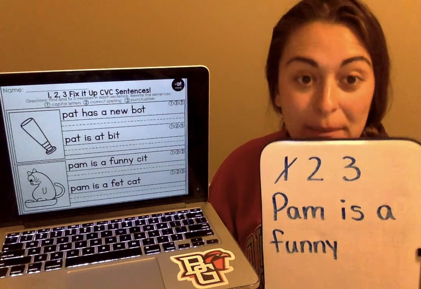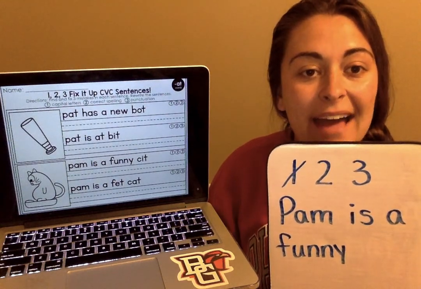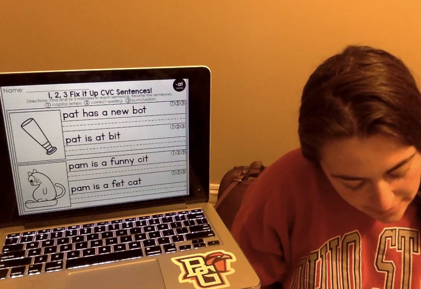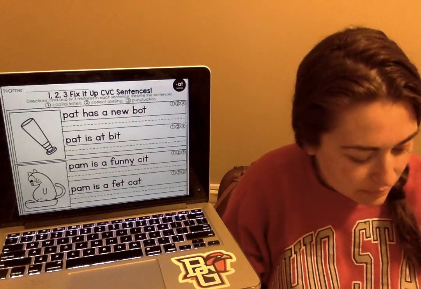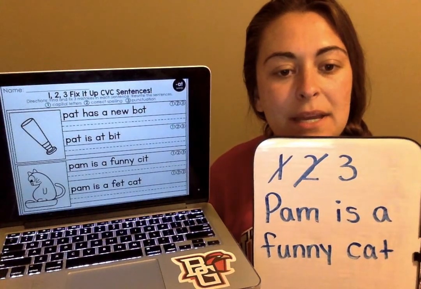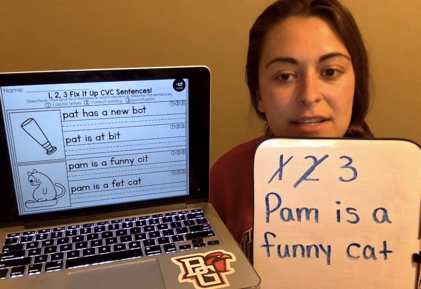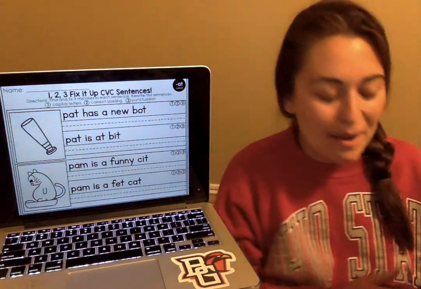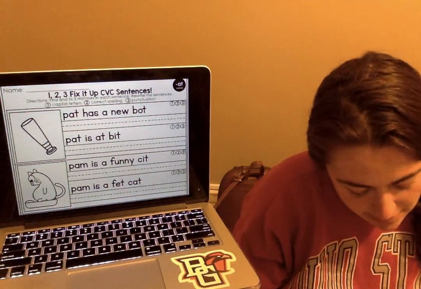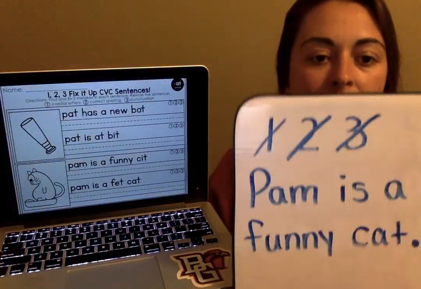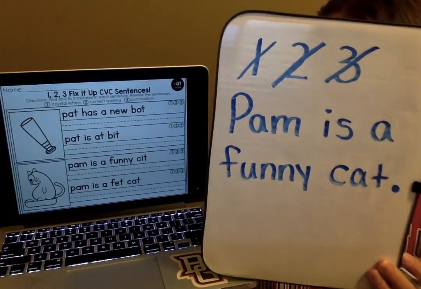Good, we want to change that middle again to an A instead of an I. So cat, C-A-T. We spelled all the words correctly, so we'll cross off that too. Pam is a funny cat. What do we need at the end? Yep, a period. Good. Period at the end of our sentence. And we'll cross off that 3 because we did the punctuation, which was a period.